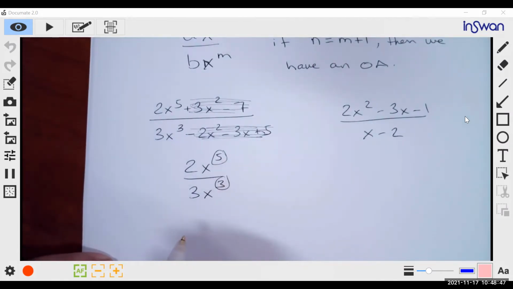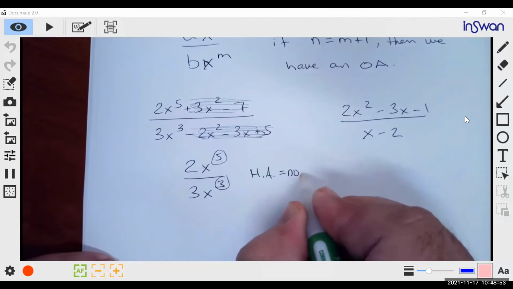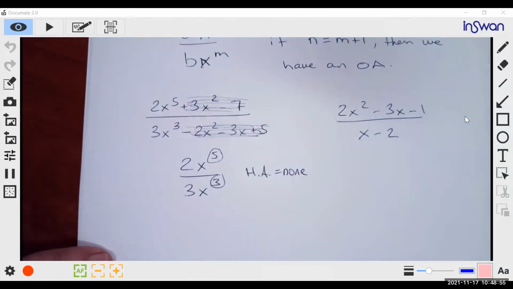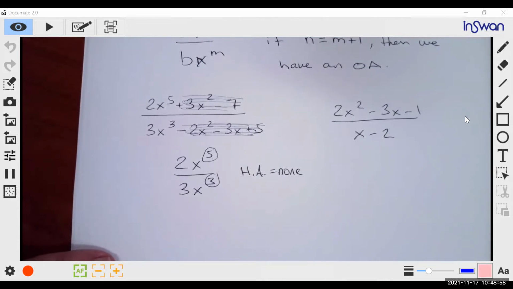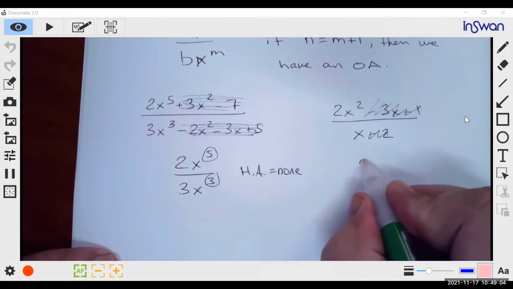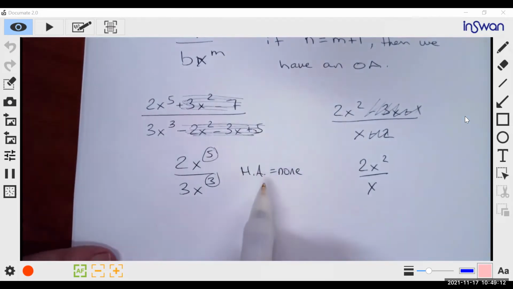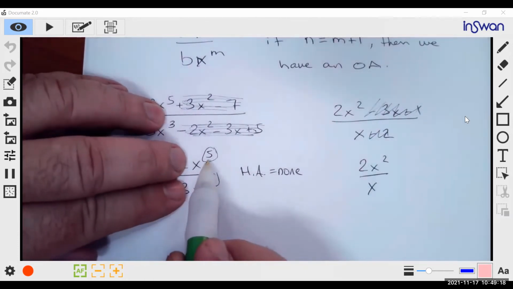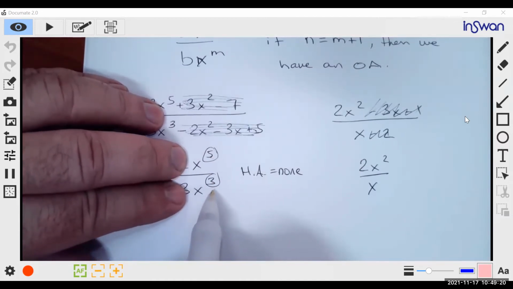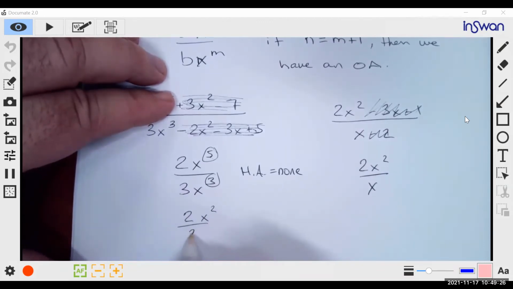Five is much bigger than 3, more than 1. So this one has no horizontal asymptote. But in this one, now the reason why this one has no asymptote, because if you had 5 x's on top and divided by 3 x's, what do you have left?